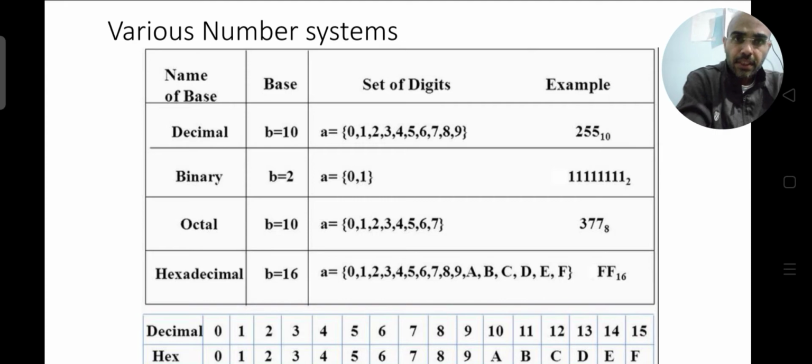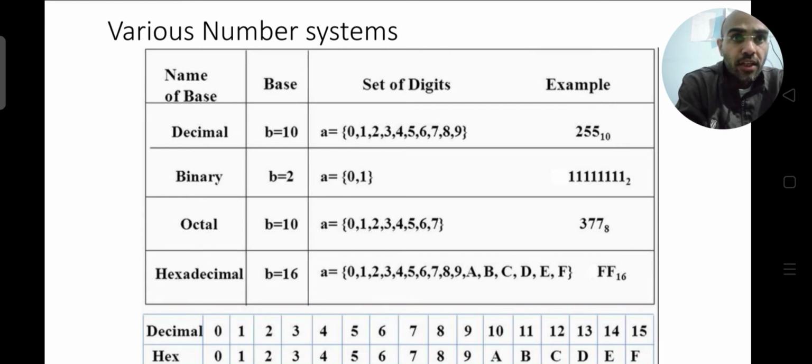To start with, the various number systems: the decimal number system has a total of 10 symbols. This total of 10 symbols is called the base of the number system, also known as the radix. So the decimal number system has radix 10, and the set of digits we use are 0 to 9: 0, 1, 2, 3, 4, 5, 6, 7, 8 and 9.